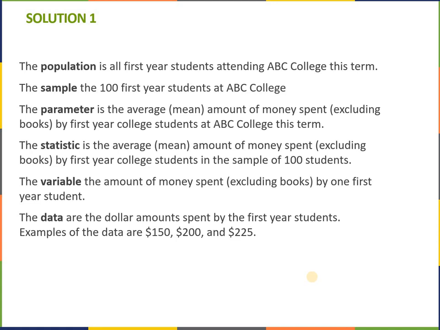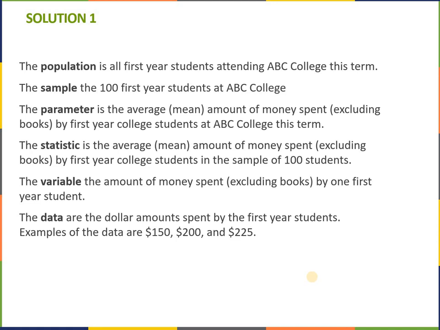The parameter, if we want to compute the parameter, it's going to be the average or the mean amount of money spent, excluding books, by first-year college students at ABC College this term. So all of the students, the average of the amount of money spent by all of the students this term at ABC College. That is the parameter.